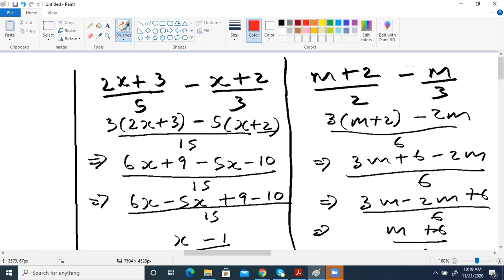So do you understand what's going on here, step by step, how I move from this line to this line?